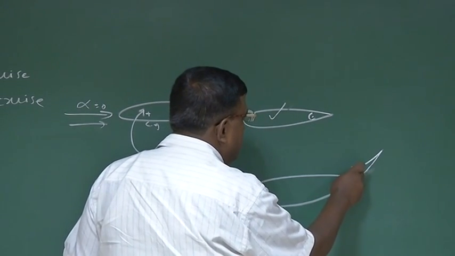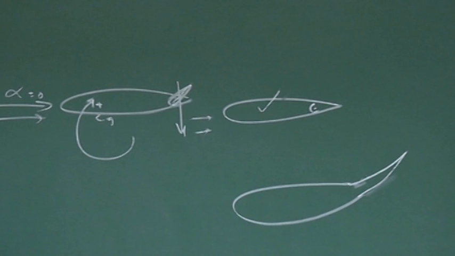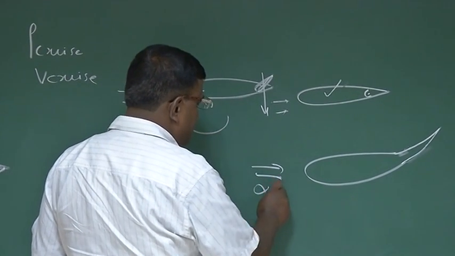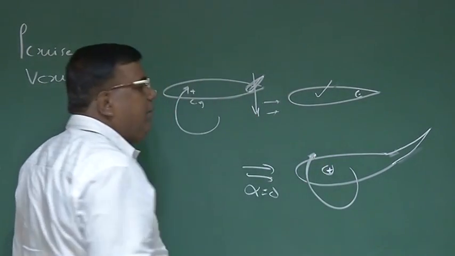I can design and select a reflex aerofoil and manufacture a flying wing using reflex aerofoil configuration, and this will generate Cm0 at alpha equal to 0.